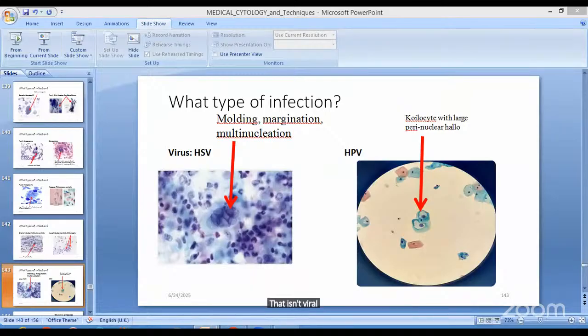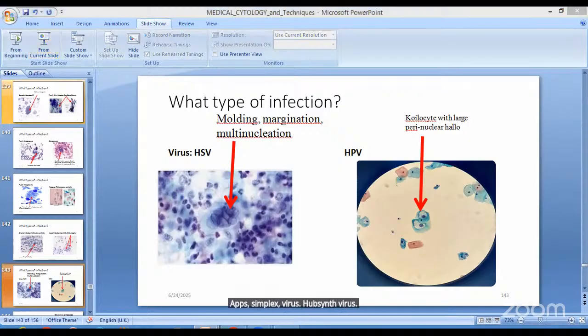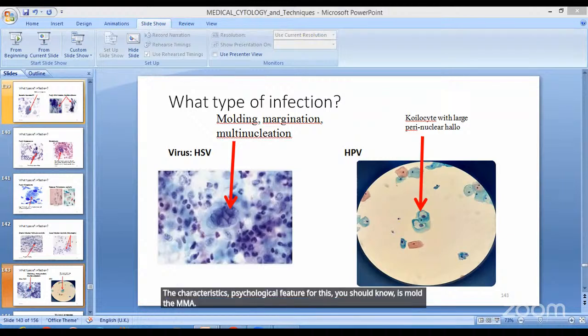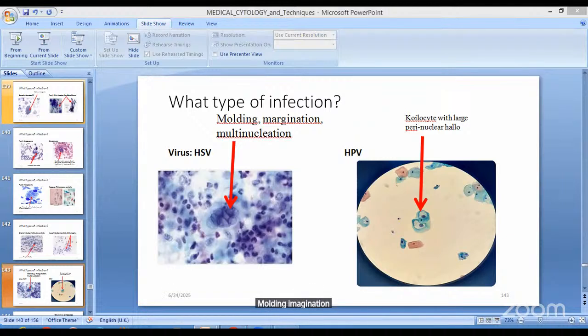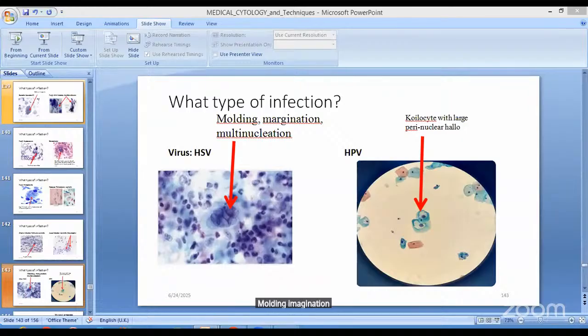So for viruses, you see HSV, herpes simplex virus. The characteristic cytological feature for this, you should know, is molding, margination, multinucleation, the 3 M's. So that's where the arrow points at.